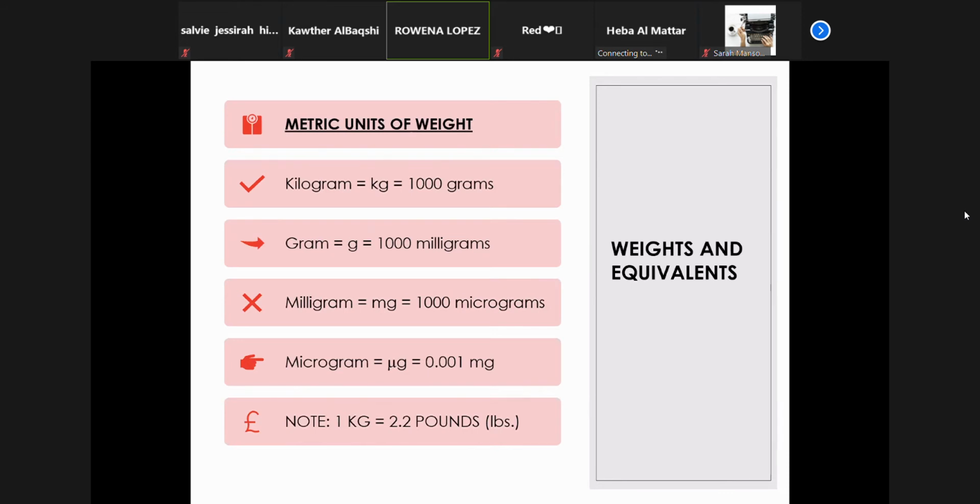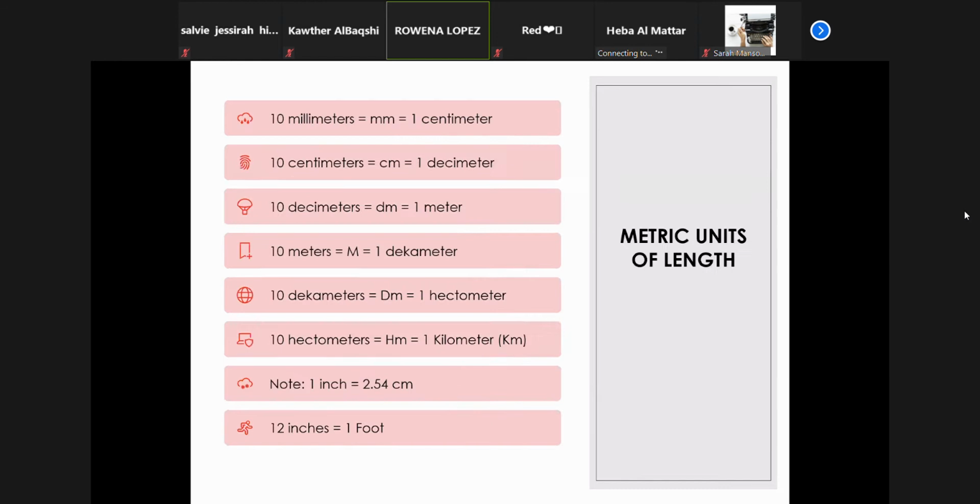And 1 kilogram is equivalent to 2.2 pounds. So later we will discuss the calculations of metric units of weight.